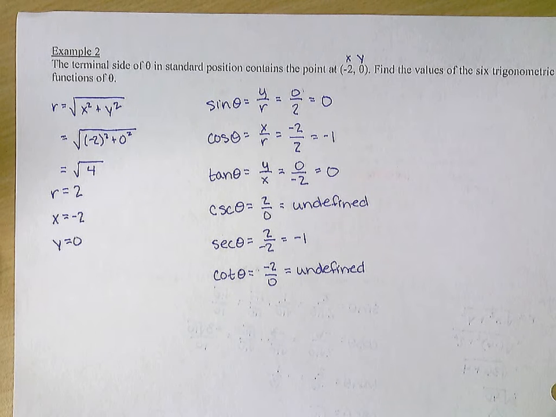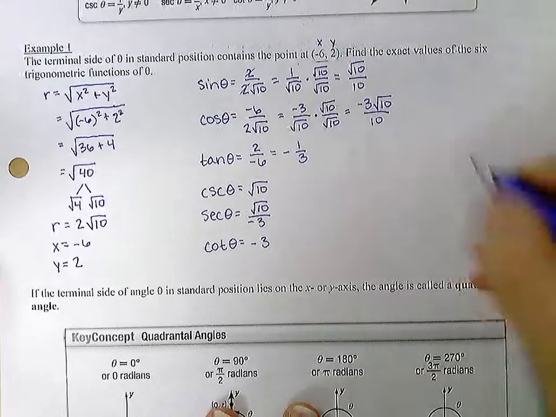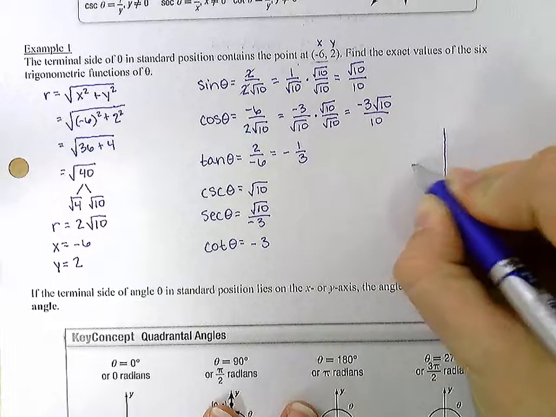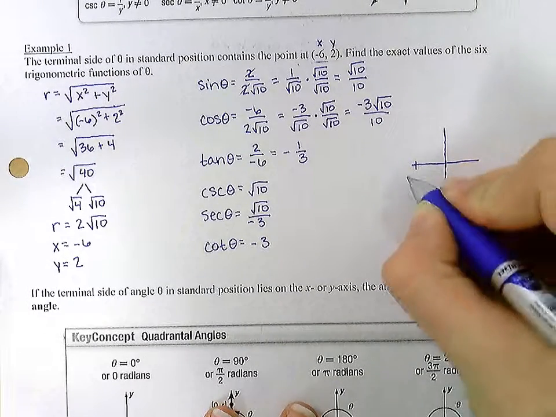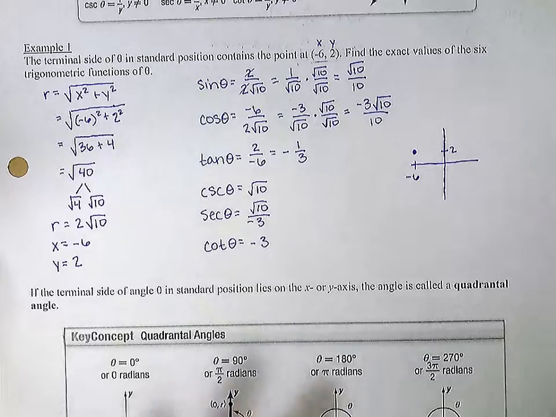Now, when we're doing this, this is when your angle theta is greater than 90, okay? So it's greater than 90, or it's less than 0. Okay, so if you think about it graphically, like the one on the front here, okay, that point was at negative 6, 2. Okay, negative 6 is over here. 2 is right here. So your point would be right here, right?